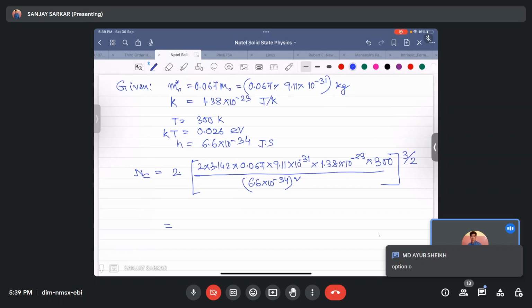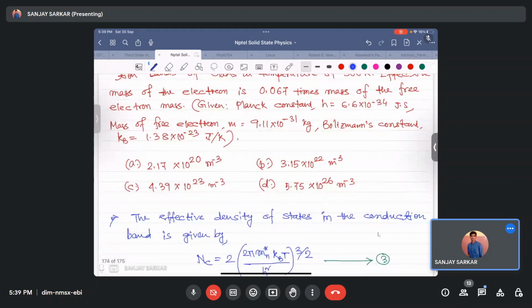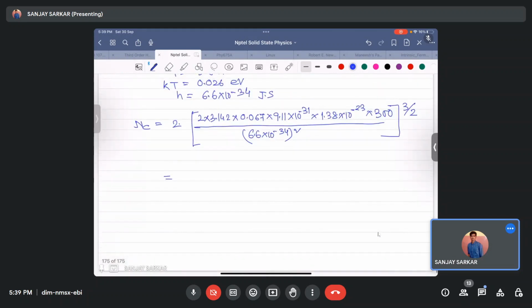So someone has already calculated and is saying option C is correct. Yeah, so it will be 2 into 36.41 into 10 to the power 14 to the power 3 by 2, and that is equal to 4.39 into 10 to the power 23 meter cube inverse.